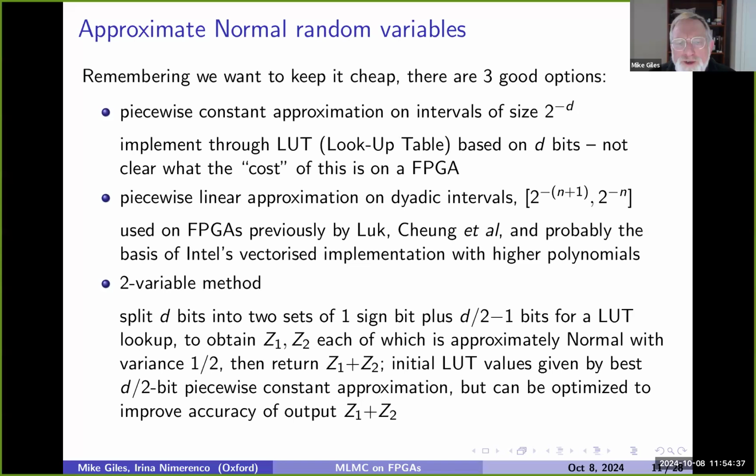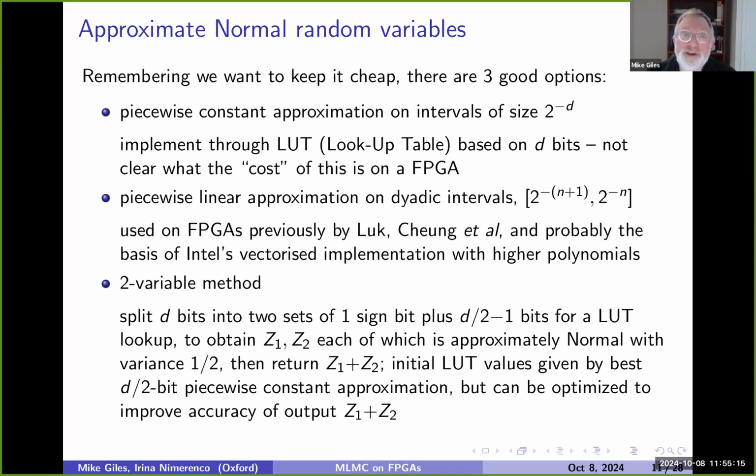And then another method, which I suspect may give us the best overall performance, is what I'm referring to here as a two-variable method. So we take d bits of input and we split it into two parts. Each part has a sign bit and then d over 2 minus 1 other bits. And they get used for a lookup table to basically handle the bit going from 0 up to half.